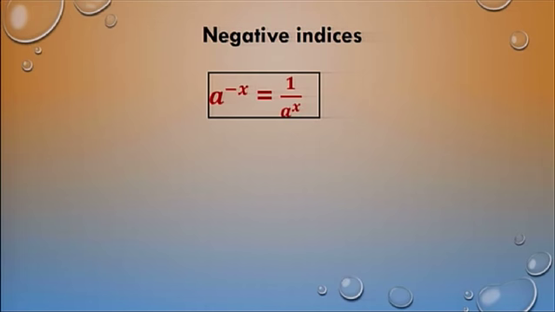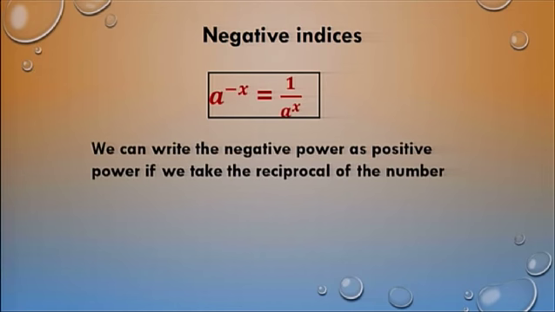Now, we are using a negative number. This negative power can be written as positive power if we take the reciprocal of the number. We have here a power minus x. We can write the x as positive x only if we write the a in the denominator.